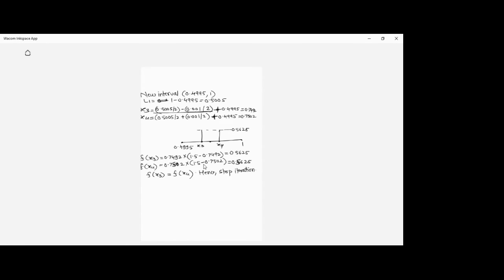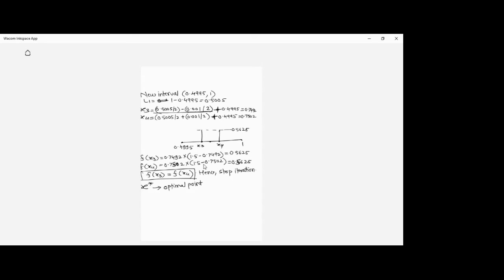But now we cannot say that there are two points, x3 or x4. What we have to give is a single point, that is x star, which is nothing but the optimal point.